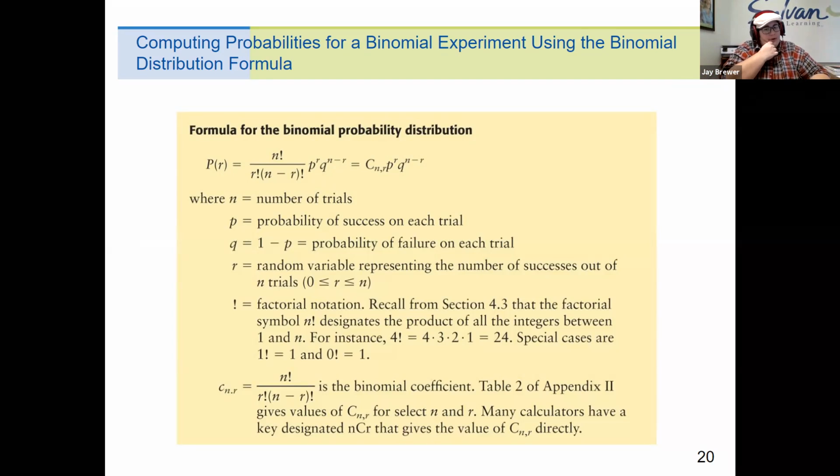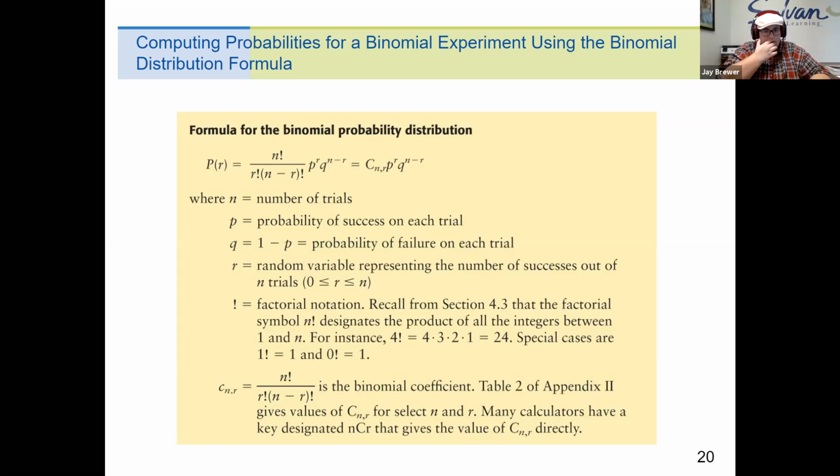So probability of R, we're going to take n factorial, which I would ask you what that means, but it tells you at the bottom, so I'm not going to waste anyone's time. Little p is equal to the probability of success on each trial. Q is equal to the probability of failure on each trial, which you find by doing 1 minus p.